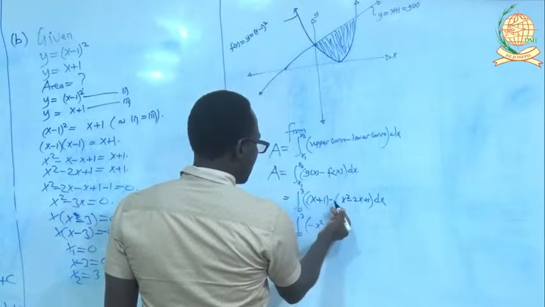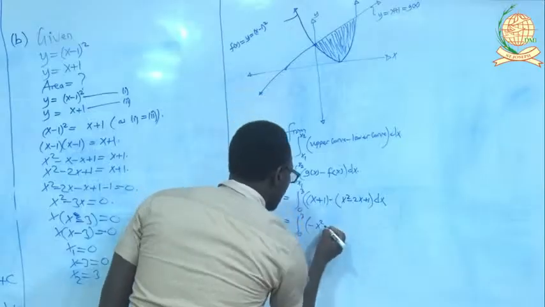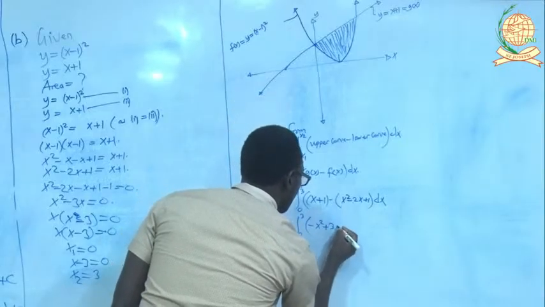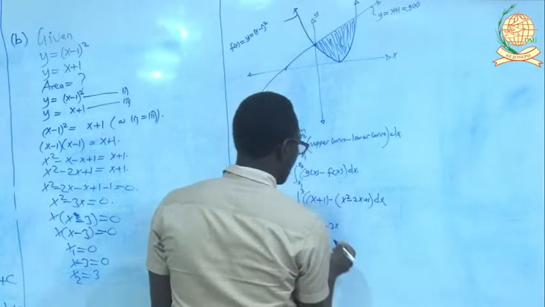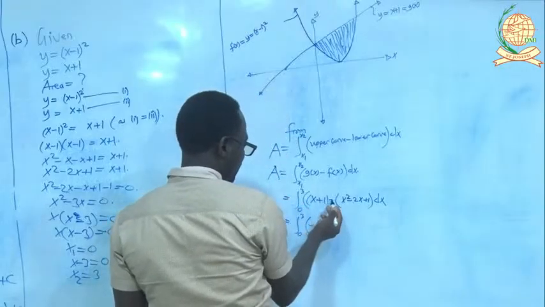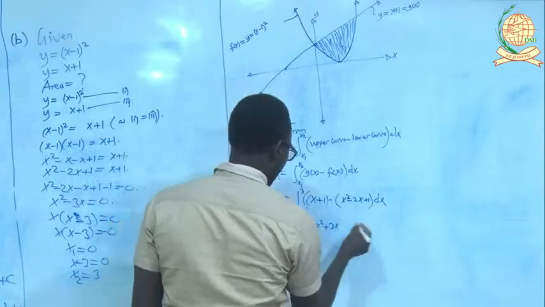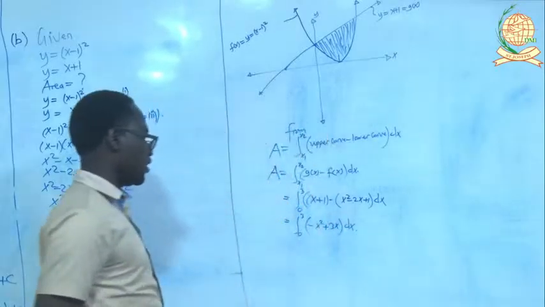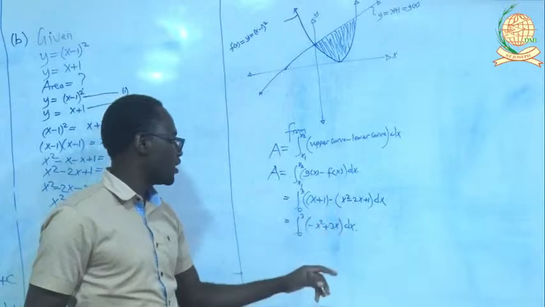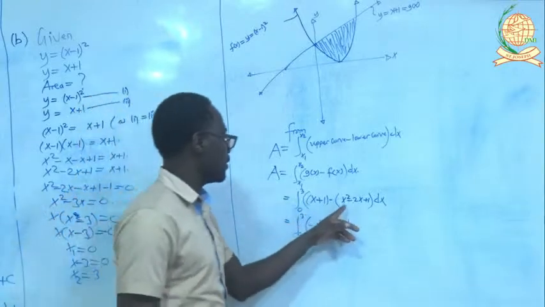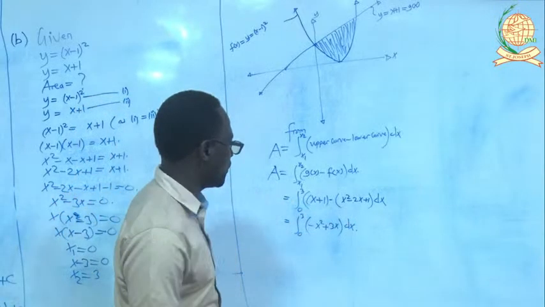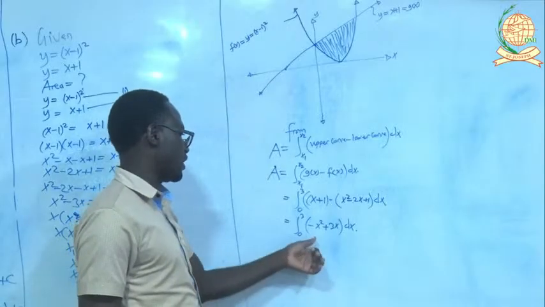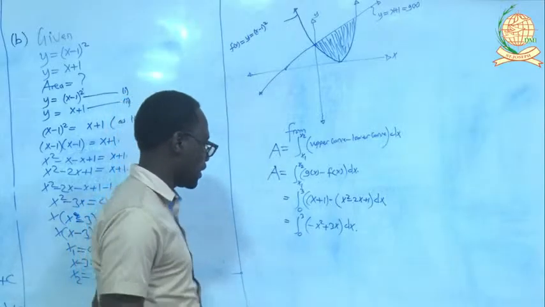Then x minus negative 2x, it is plus, it will be positive 3x. Here we have 1 minus 1, 0. So if we simplify, we get negative x squared plus 3x.